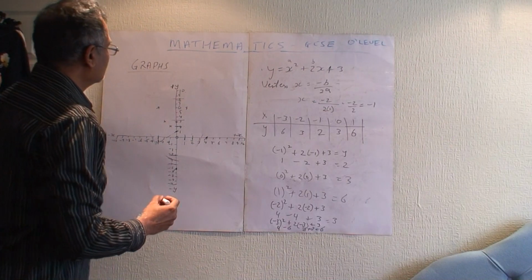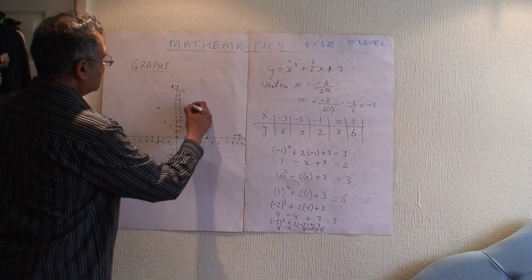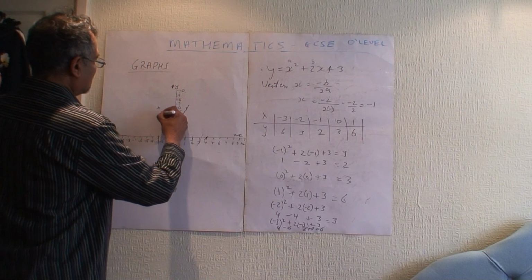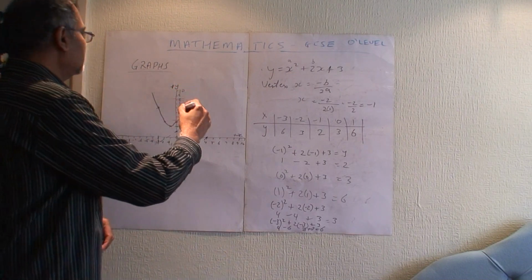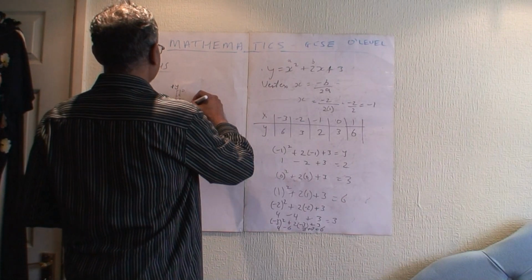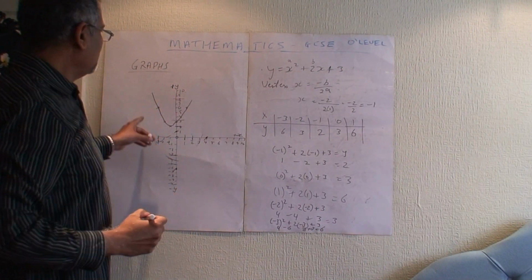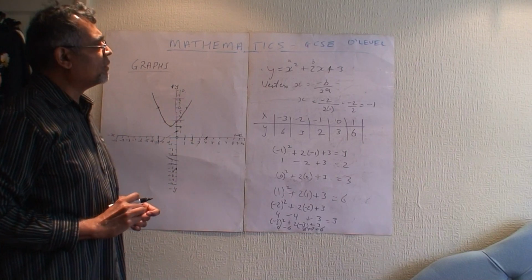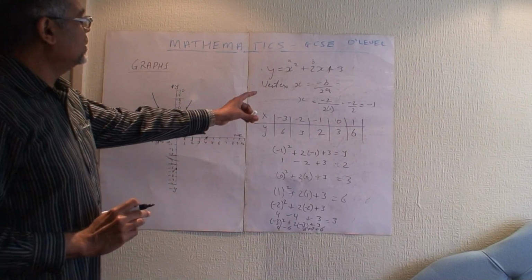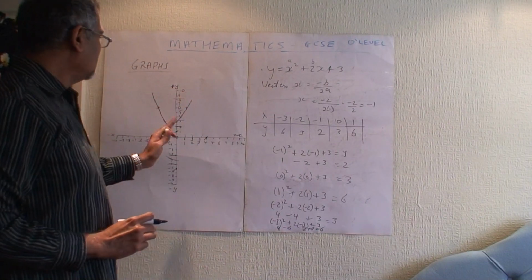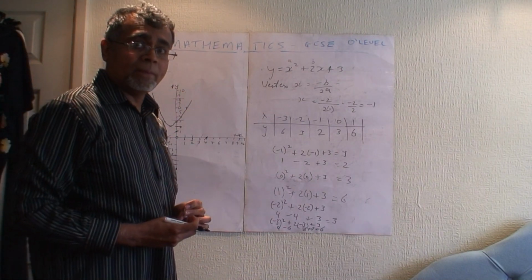So we have this U-shaped curve, and we can confirm the vertex, which is in the middle of the graph.